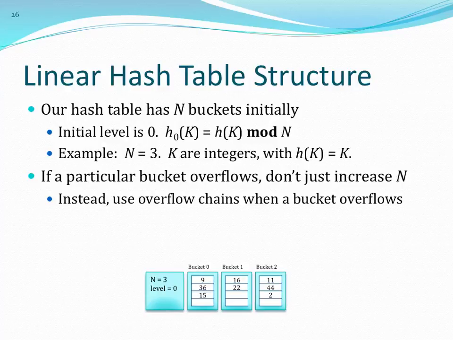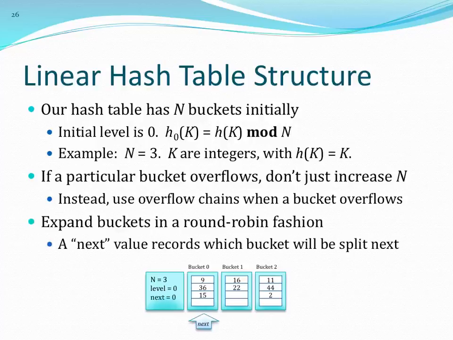We add overflow buckets, but we don't do anything beyond that. We just note that there's an issue that needs to be resolved in the future. What we do is we expand these buckets in sequence. Round robin is the way we normally describe it, because we're doing things one after the other.